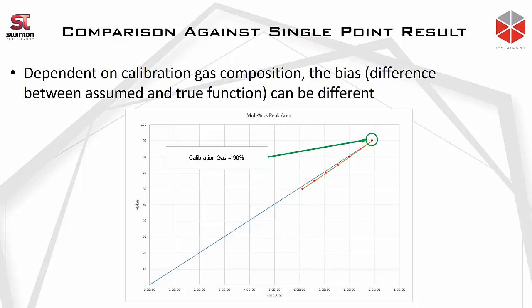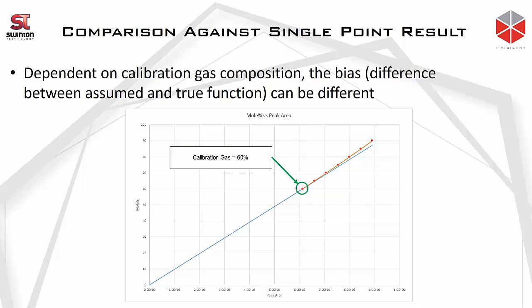In this particular example, let's say we calibrate the GC with a calibration gas of 90%. What it does is create a straight line to there, which is 90%. Because it will have the same peak area at 90% on the multi-level calibration and the single point calibration, there's not really any bias on the methane component when we measure at 90%.